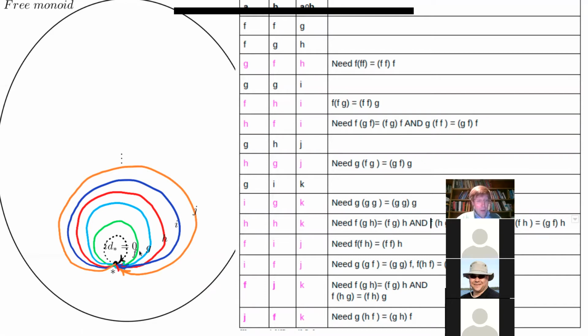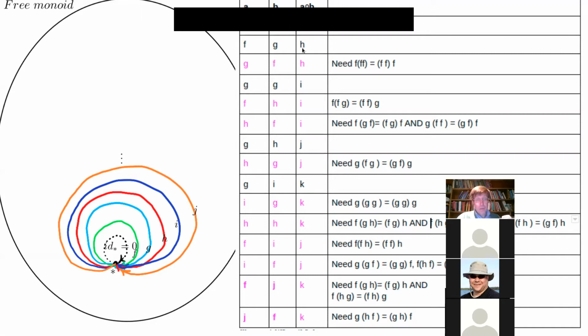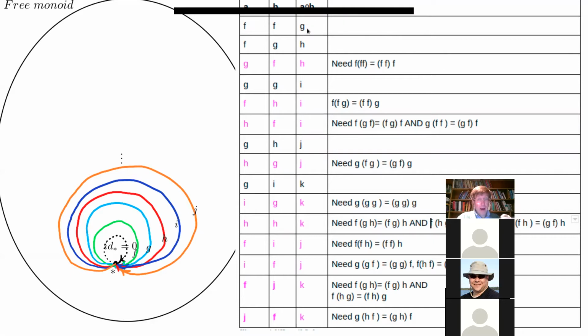For example, maybe we have a morphism F. How about if we combine that morphism with itself? Well, we know we combine with identity to get it back. So we have F combined with F, right? And if we think about it in a categorical way, it's F after F, with composition.